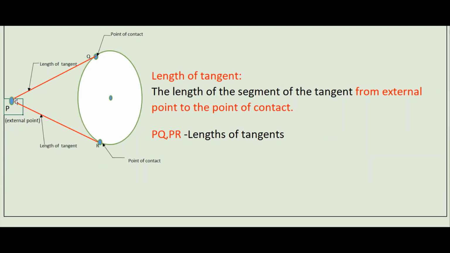These two, PQ and PR, are tangents, and these tangents intersect the circle at the points Q and R. These points are called points of contact, and the lengths PQ and PR are called lengths of tangents. The length of the segment of the tangent from the external point to the point of contact is the length of the tangent. Here PQ and PR are lengths of tangents.